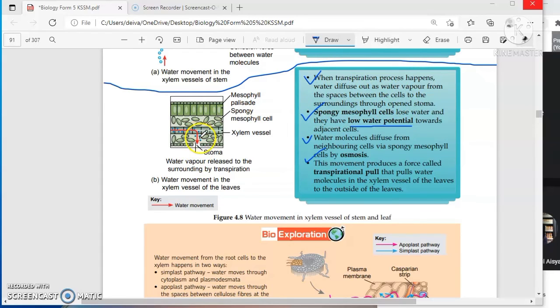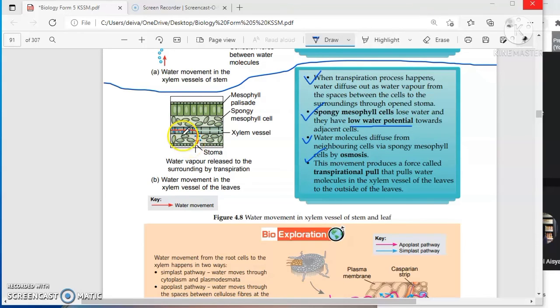From the xylem it goes to the spaces between the cells and then comes out through the stoma. This spongy mesophyll cell will lose the water. When they lose the water, we say they have low water potential compared to the adjacent cell. So the water will diffuse from the adjacent cell.